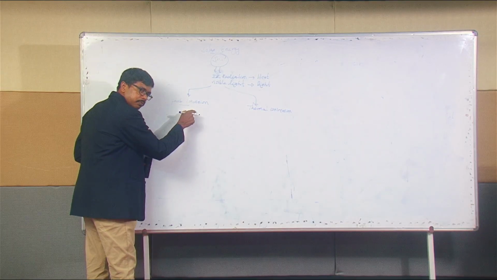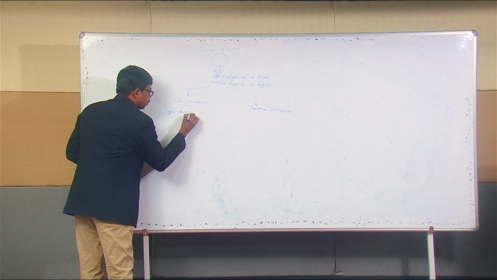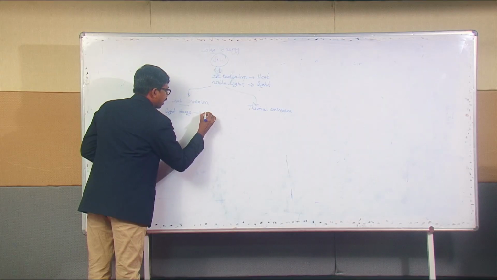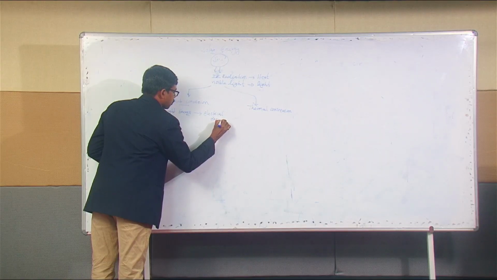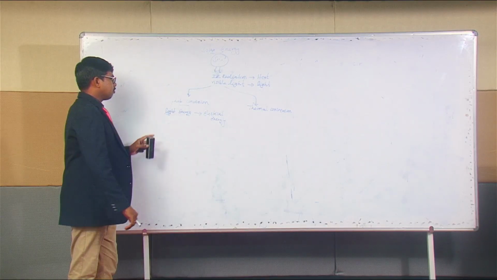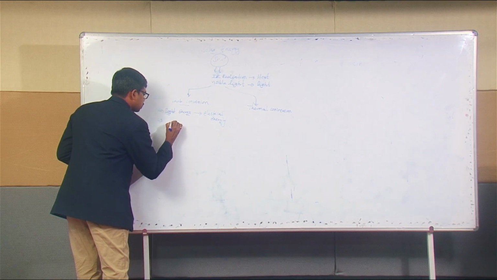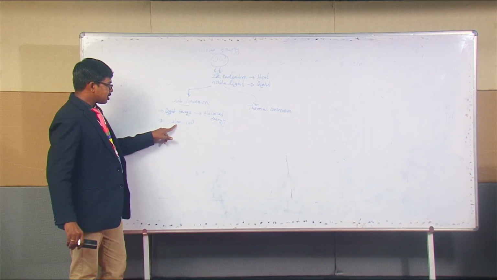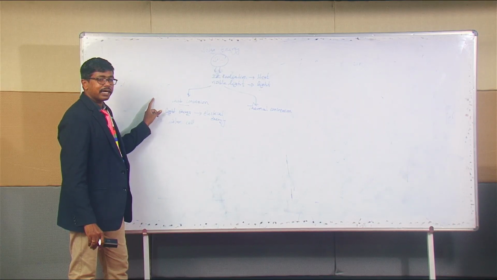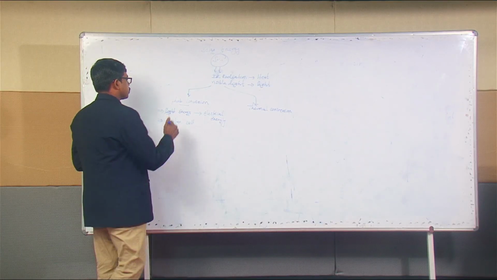In this photo conversion process, the light energy from the sun is converted into electrical energy. A very good example is the solar cell. The solar cell receives the light from the sun and converts it into electrical energy. So it is called photo conversion.